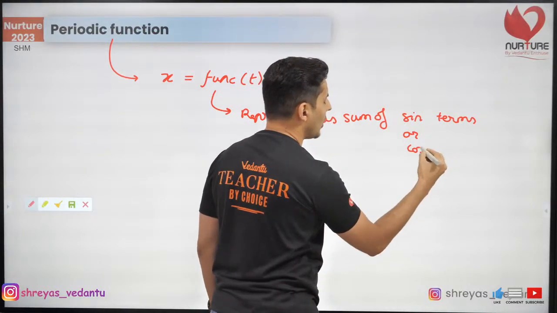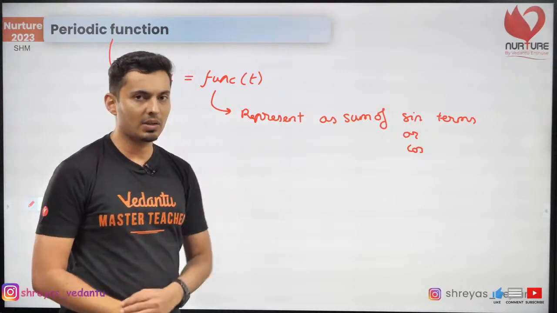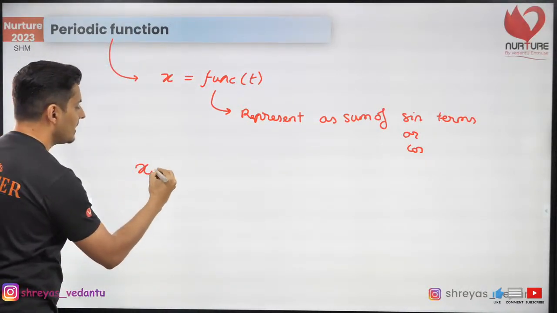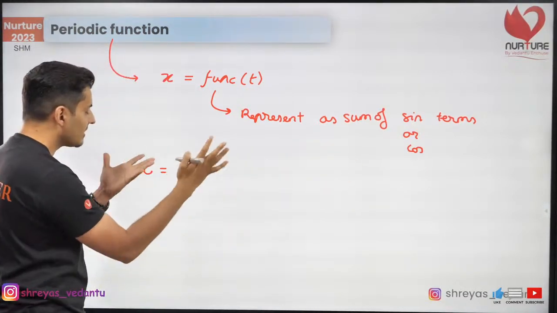Even if you use cos terms, you will still get the answer, but tan is not allowed because tan is a discontinuous function. You will learn more about it in maths. So in general, x can be the sum of sines or cosines, something like this.